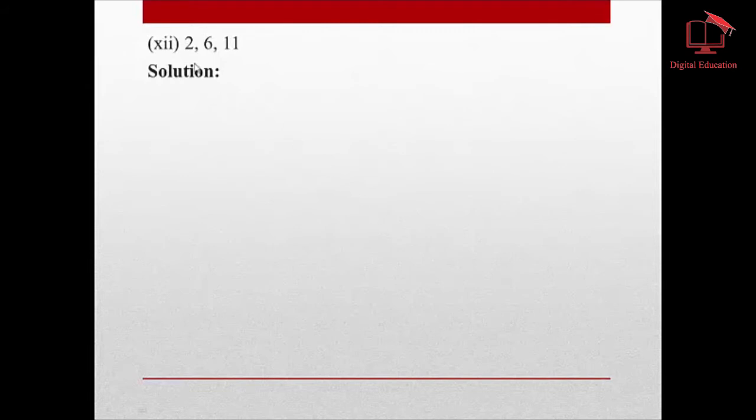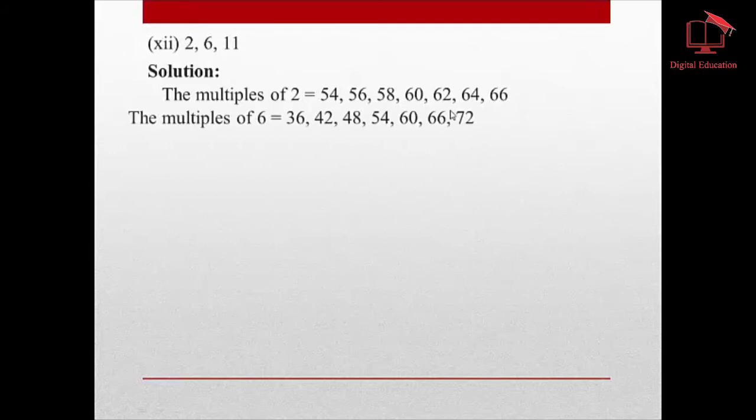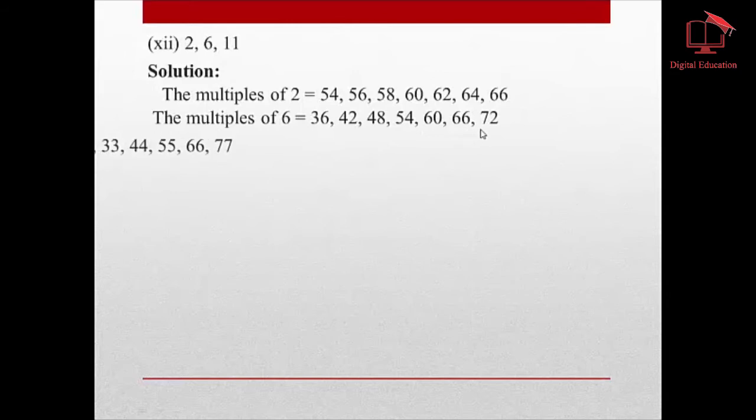Part number 12. We have three numbers 2, 6 and 11. The multiples of 2 continue and we will reach 54, 56, 58, 60, 62, 64 and 66. The multiples of 6 continue and we will reach 36, 42, 48, 54, 60, 66 and 72.